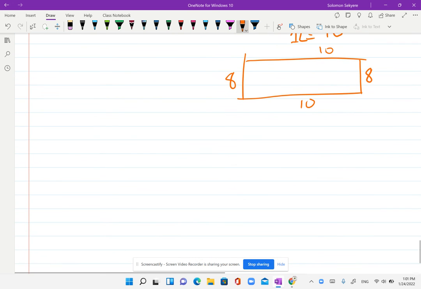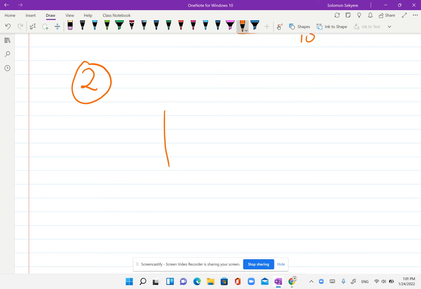Okay, so if I gave you this rectangle, right? And then I say the perimeter is 46, and I say the length is 16, and I ask you, what is the width of the rectangle?